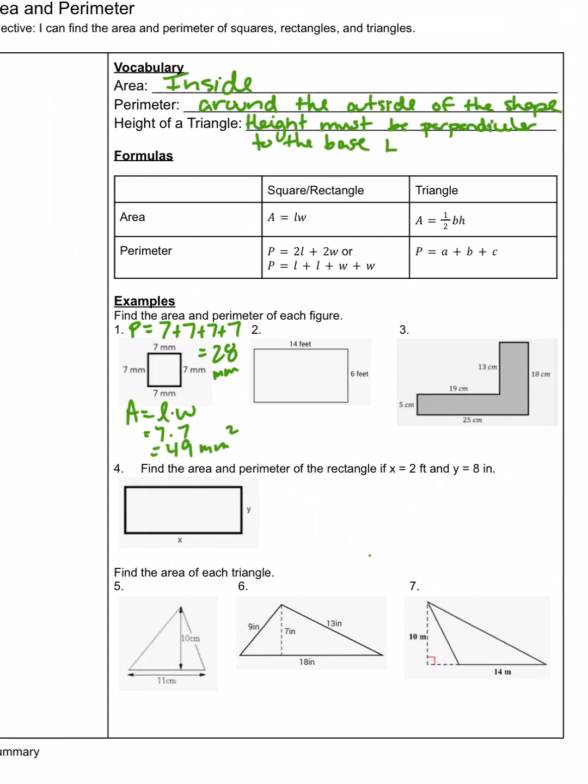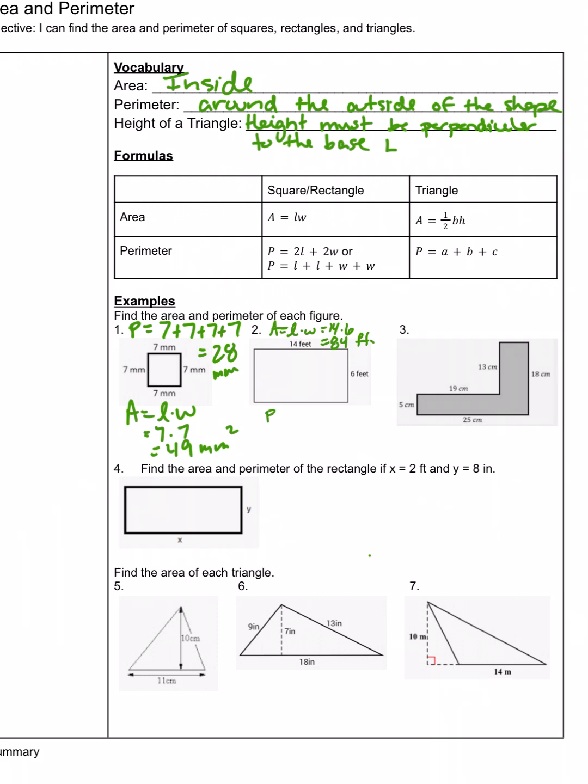Number 2, for area is length times width, so that's going to be 14 times 6, and that is going to be 84, and that would be 84 feet, because this time our units is in feet.